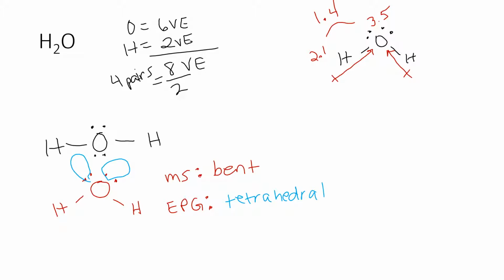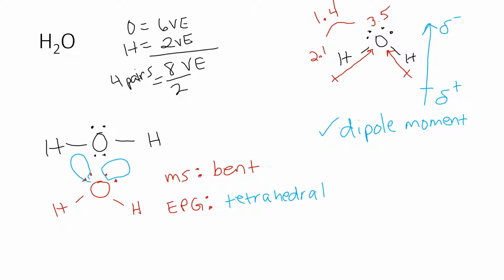So there's an off balance here of electrons and negativity versus positivity. So we get a dipole moment in the direction of the oxygen. There is a dipole moment. And it is in the direction of the oxygen.